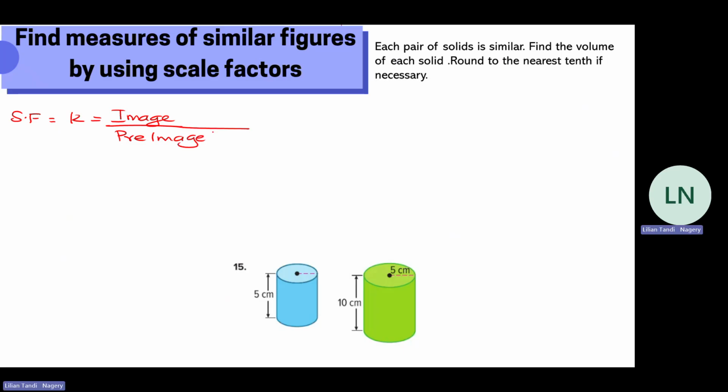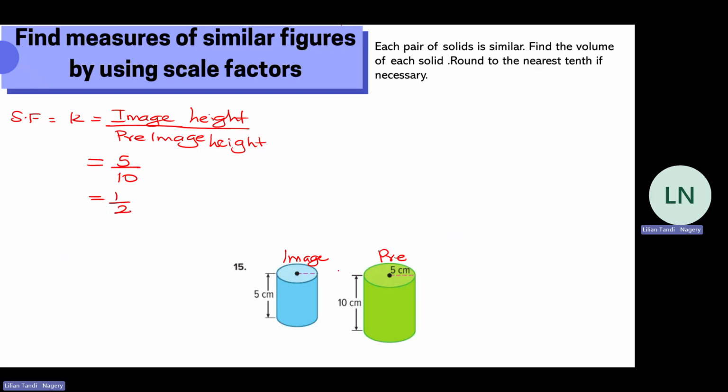What of the image corresponds to the pre-image? The height. Those are the measurements I have. So image height and pre-image height. Okay, you put your values. This is your pre-image. This is your image. So image is 5/10, which is the same as half.